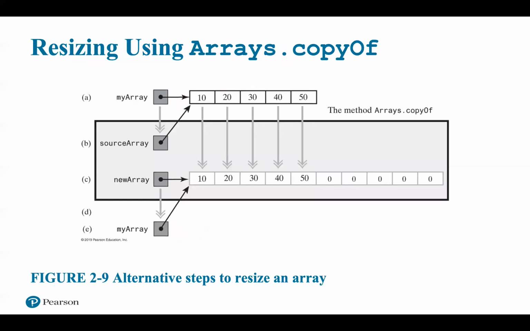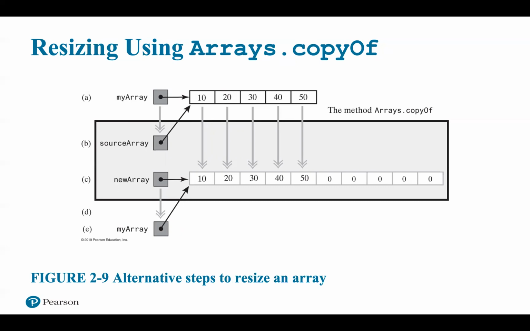So now we have an alternative set of steps to resizing an array. While we could simply translate the previous algorithm into Java, that would be one option. Here we're trying to show a different way, where the method's first parameter, source array, is assigned a reference to the value of my array.